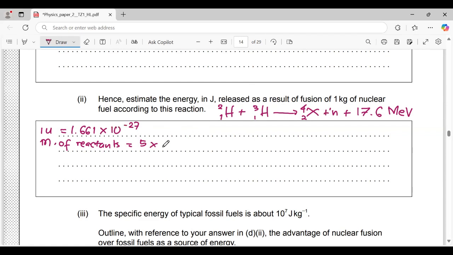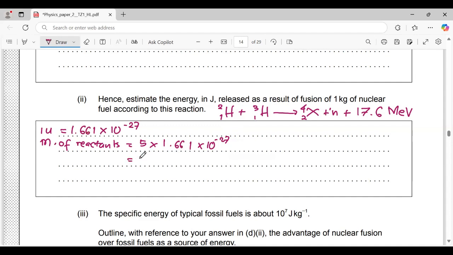And then 5 times 1.661 times 10 power minus 27. So 5 is the mass of deuterium and tritium.